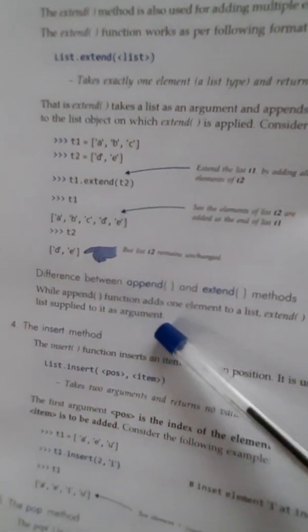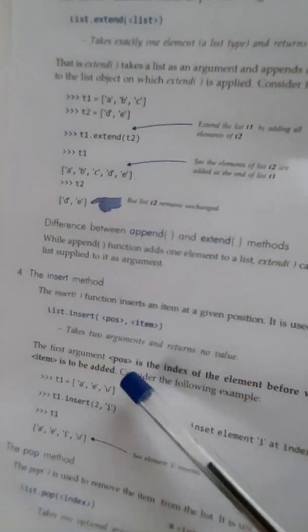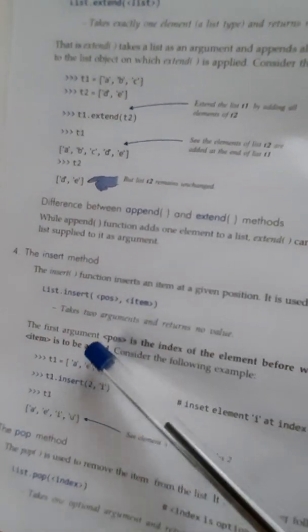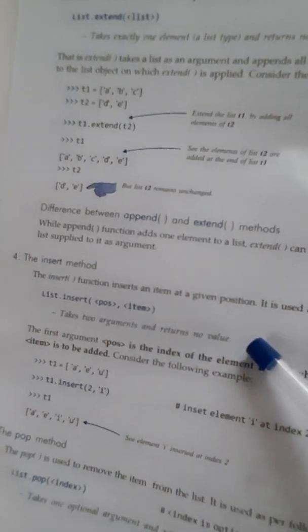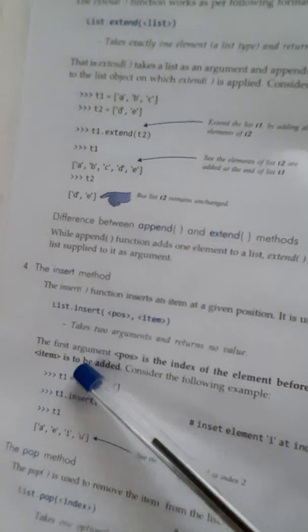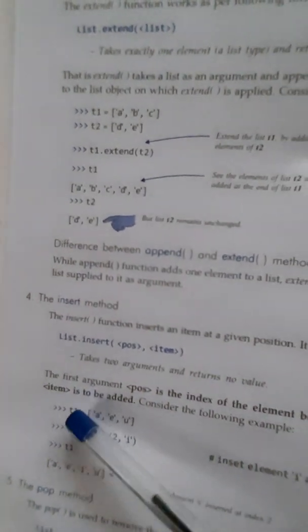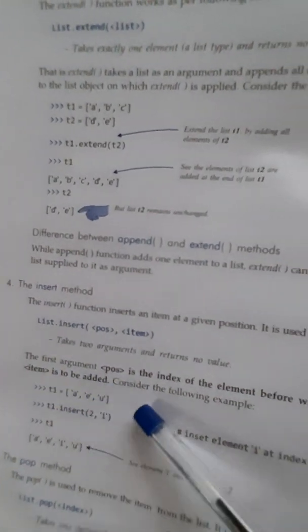And now let's see the insert method: list dot insert position comma item. It takes two arguments and returns no value. The first argument, pos, is the index of the element before which the second argument, the item, is to be added.